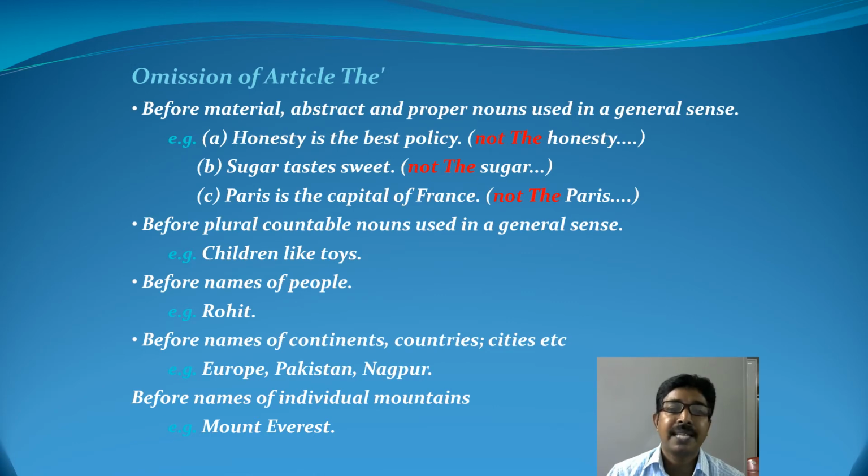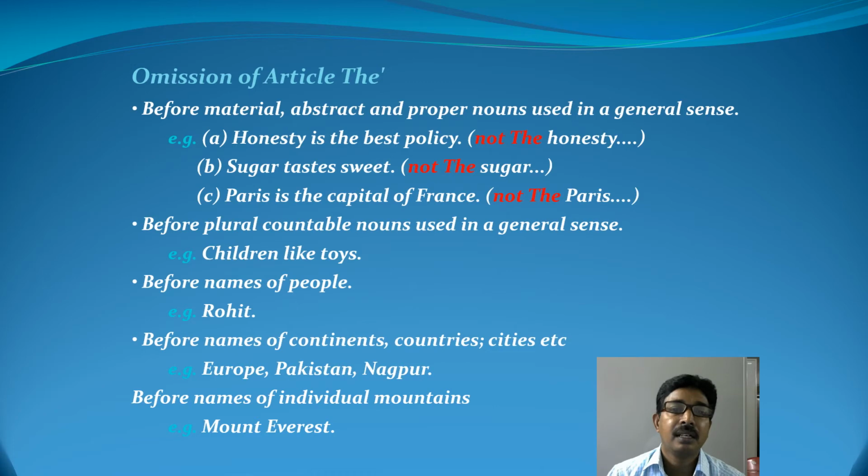So before abstract nouns and proper nouns which are used in a general sense, we don't use the definite article the. Honesty is the best policy. And sugar tastes sweet, but here we don't say the sugar, but we say sugar. And another example, Paris is the capital of France, but here we don't say the Paris.